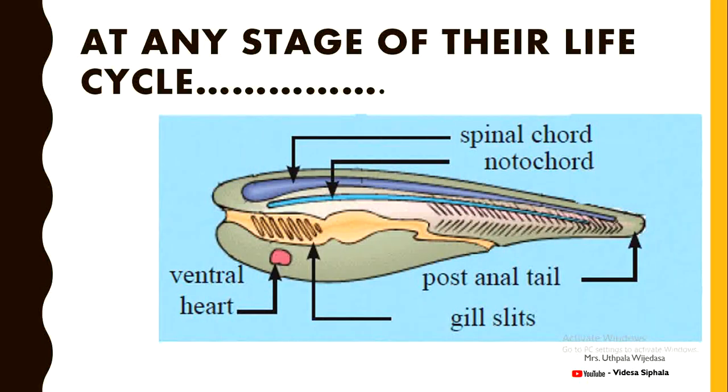They are the presence of a spinal cord, which gives rise to the vertebral column, and then the notochord, which is a cartilaginous skeletal rod supporting the body in all embryonic and some adult chordate animals.